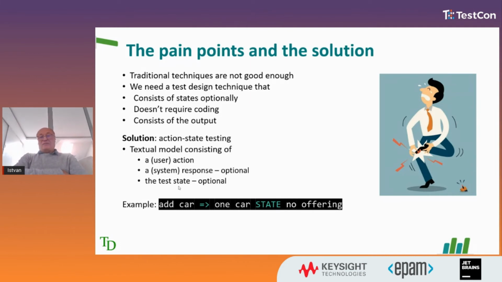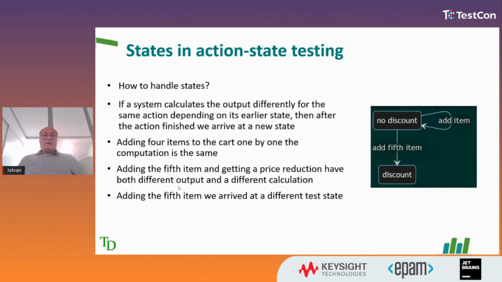A user action, this is obligatory. A system response, this is optional because you don't need to validate the result after each action. And finally, a special state that is also optional. Here is an example. The action is add the car to the cart. The response is that one car is in the cart, and the state is that there is no offering.